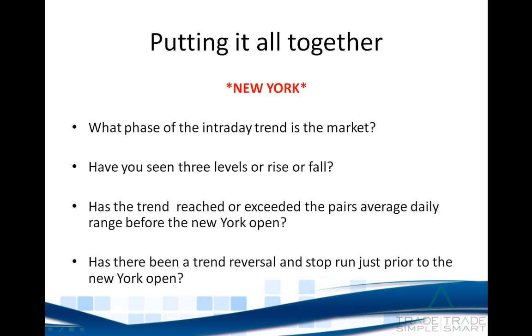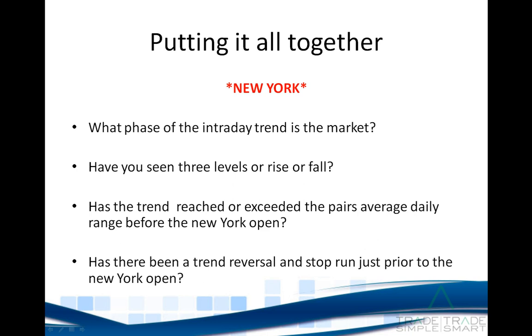Okay, so as we enter the New York session, we're again going to ask ourselves a series of questions that will allow us to trade in line with the intraday continuation of the trend or the New York reversal. The first question we're going to ask ourselves is, what phase of the intraday trend is the market in? Have we seen 3 levels of rise or fall?